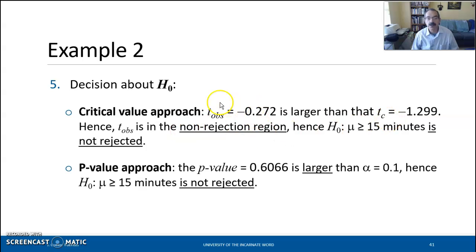That means that this value lands in the non-rejection region, and therefore we do not reject the null hypothesis that the mean is 15 or larger. And if we use the p-value approach, the p-value is 0.6066, which is larger than 0.1. Therefore, we do not reject the null hypothesis.